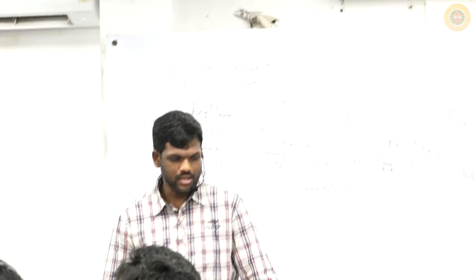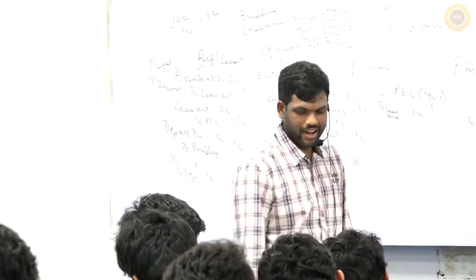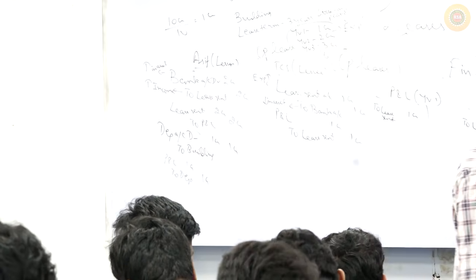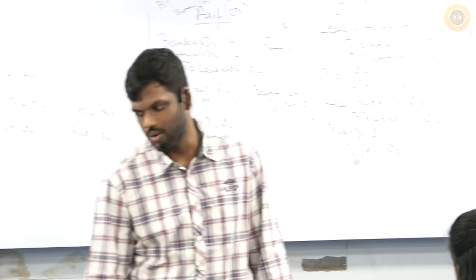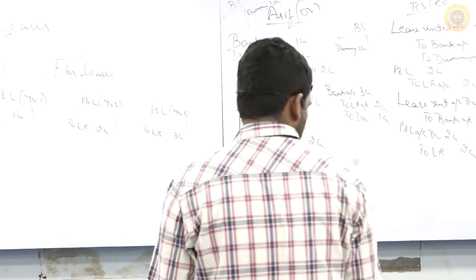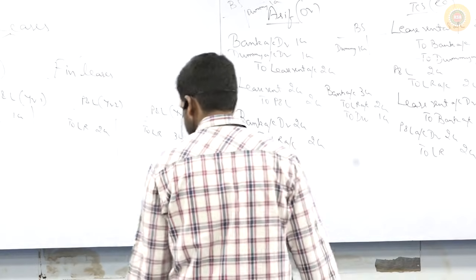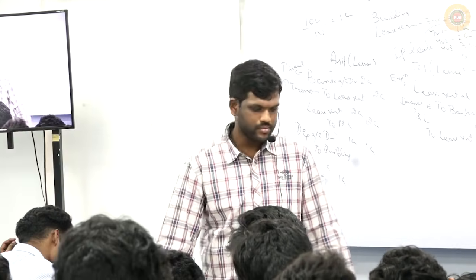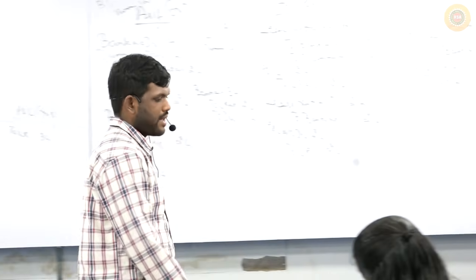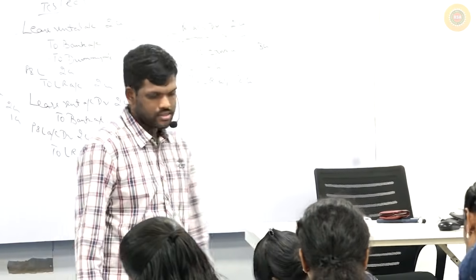Who is the lessor? Who is the lessee? A Limited is lessee, B Limited is lessor. Okay. The lease term was agreed as 3 years.